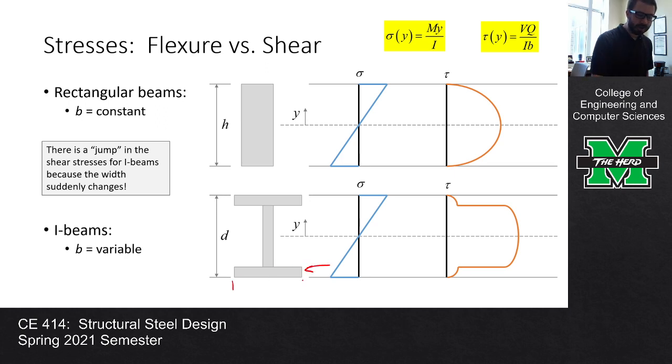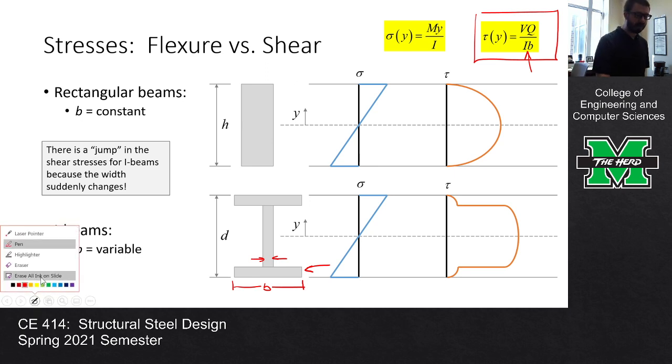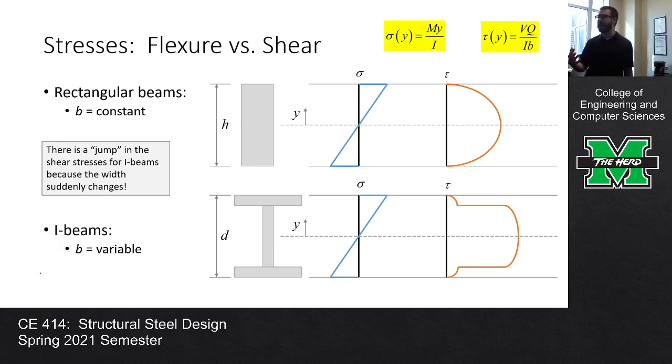Because here you go from a beam width of this to a beam width of this. The beam width suddenly changes. So if the stress profile is mapped by this equation, and b suddenly gets smaller, what happens is the shear stress suddenly gets larger. So when you look at the shear stresses on an I-beam, you find that the shear stresses are very, very high in the central portion of the web.